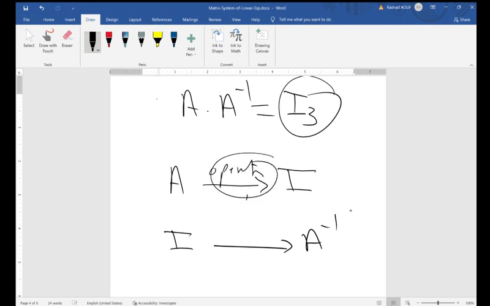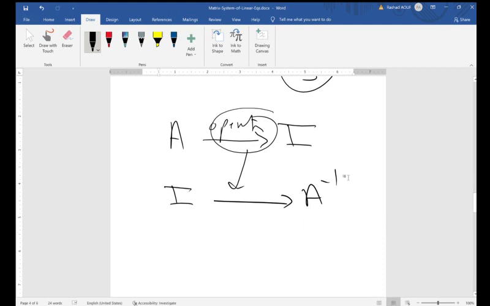A condition must be satisfied: the determinant is different from 0.